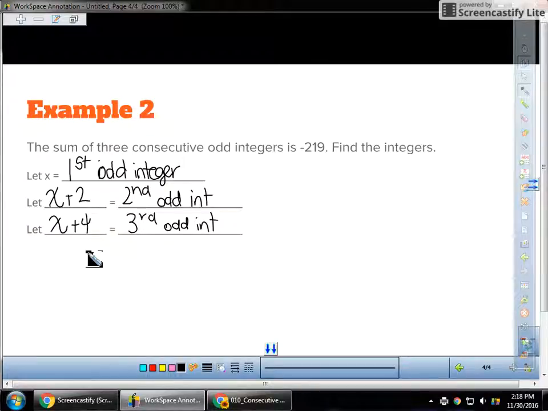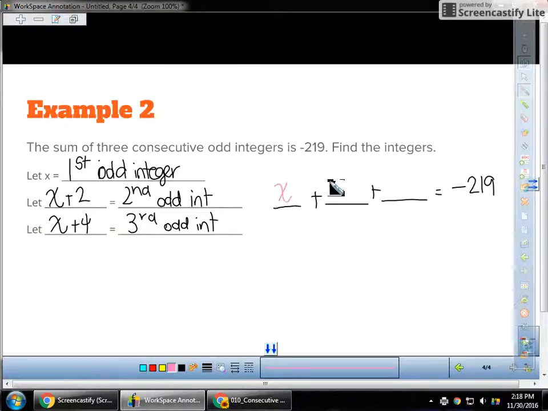So then it tells me the sum is negative 219. So I'm going to add all three of these integers. So I have x plus x plus 2, and x plus 4. So now I combine my like terms. I have 3x plus 6 equals negative 219.